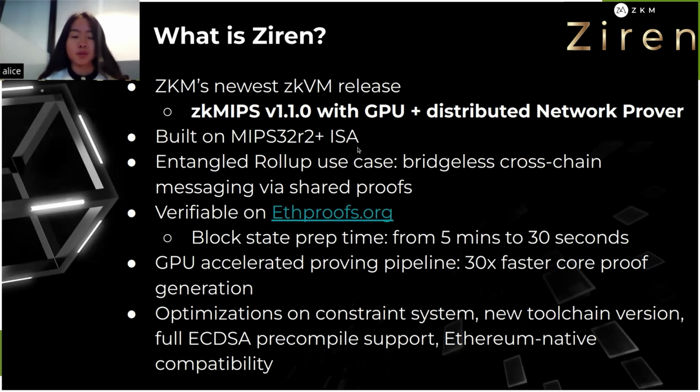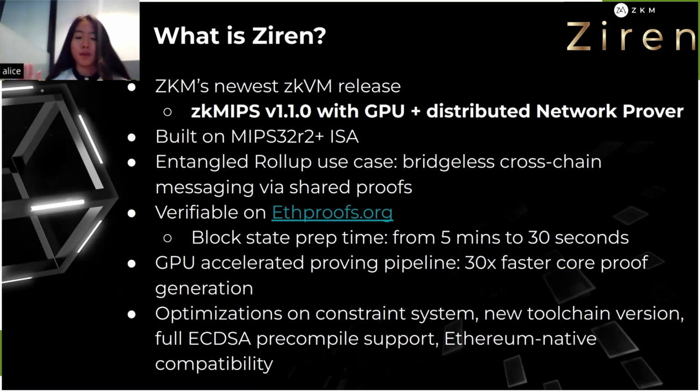So Ziren is built on the MIPS ISA, and also the main use case the team is building are entangled rollups, basically enabling cross-chain messaging and interoperability using ZK proofs, but without having to implement the actual architecture of a bridge, which has its own trust assumptions and may potentially introduce some security vulnerabilities as well.